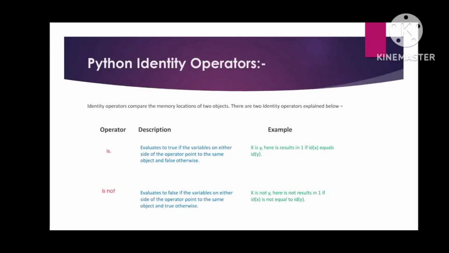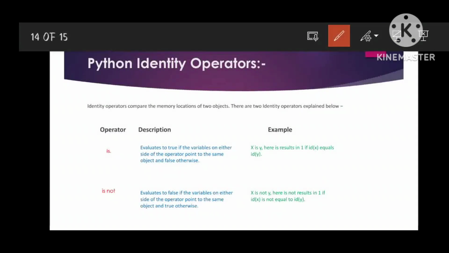Identity operators. Identity operators compare the memory locations of two objects, and there are two identity operators explained below. Those are is and is not. The is operator evaluates to true if the variables on either side of the operator point to the same object, and false otherwise. For example, x is y results in 1 if id of x is equal to id of y.